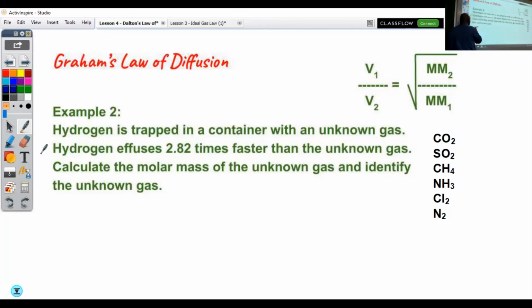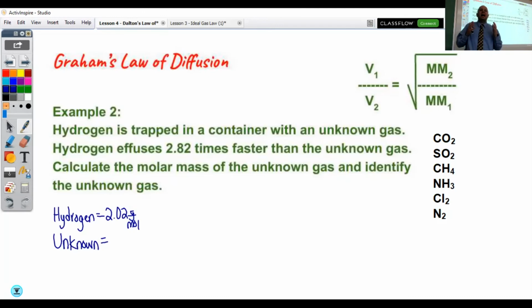So we have hydrogen, which, as a reminder, has a molar mass of 2.02 grams per mole. And we have an unknown gas. Based on the statement that hydrogen travels faster than whatever our unknown gas is, we know that the unknown gas's molar mass has to be greater than 2.02.